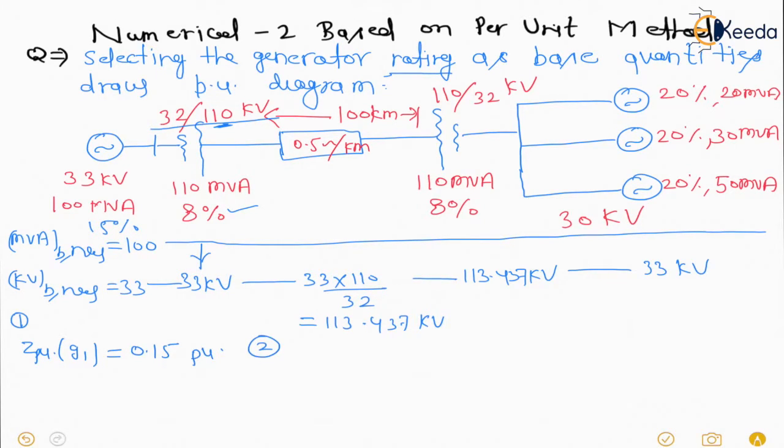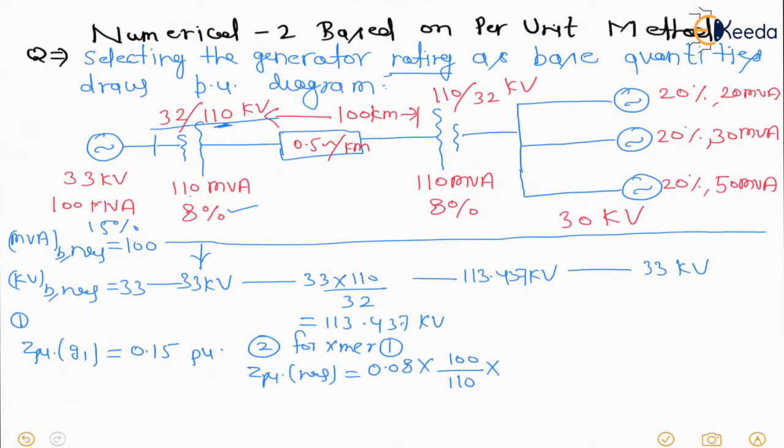And second, for transformer number 1, ZPU new will be equal to, the formula we know, ZPU old into MVAB new upon MVAB old into KVB old square upon KVB new square. So we are going to put the values: 0.08 into MVAB new is 100 upon MVAB old is 110. Always remember this 8% was on the base voltage of 32 kV and 110 MVA.